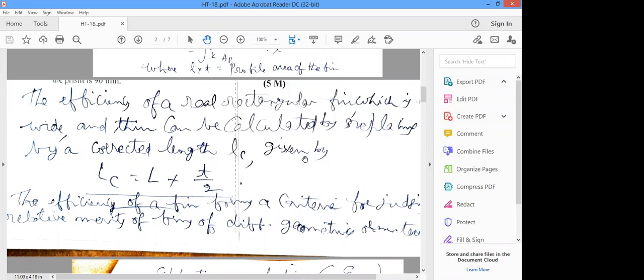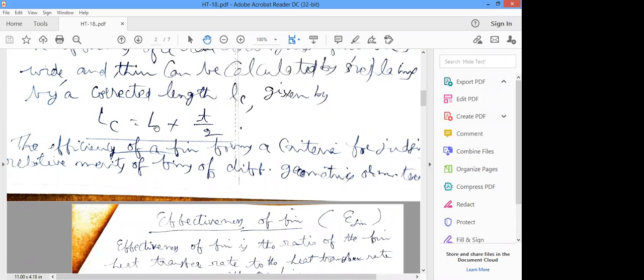Corrected length LC is equal to the length of the pin plus thickness by 2, L plus T by 2, where L is the length of the pin and T is the thickness. Corrected length is sometimes required for heat transfer analysis of pins.